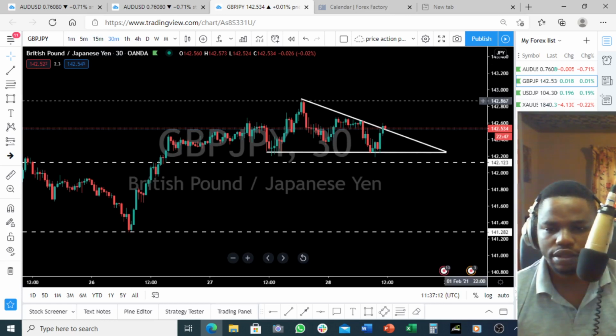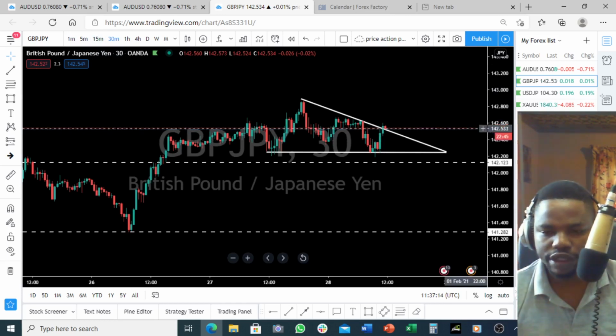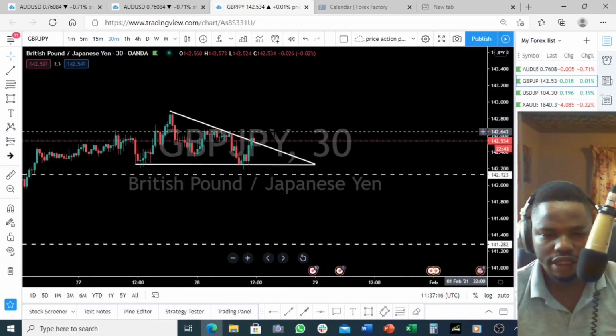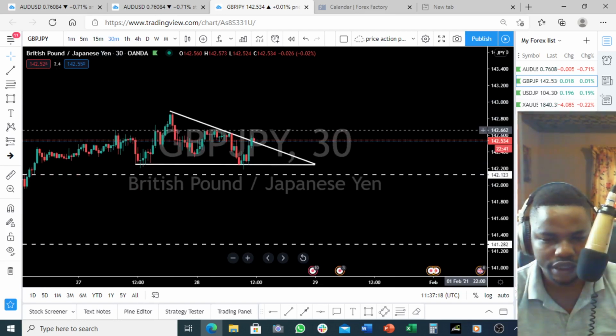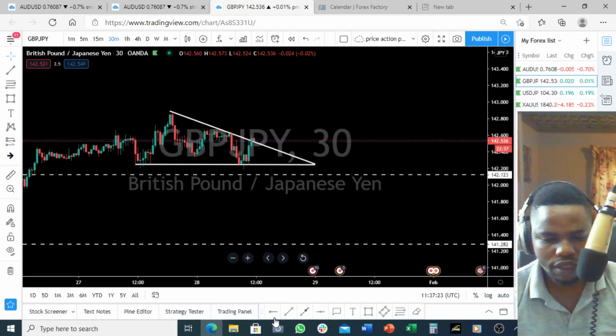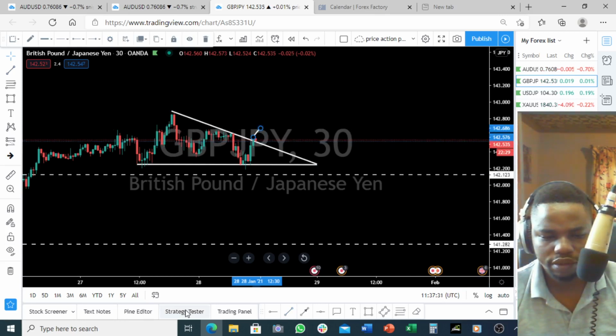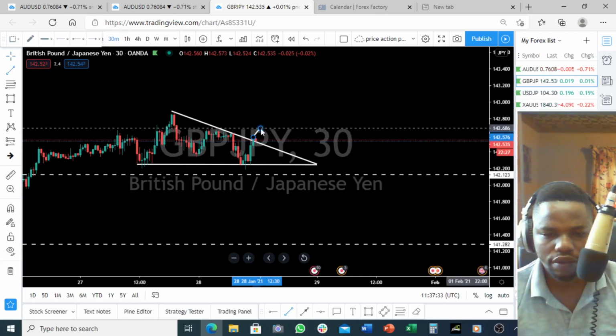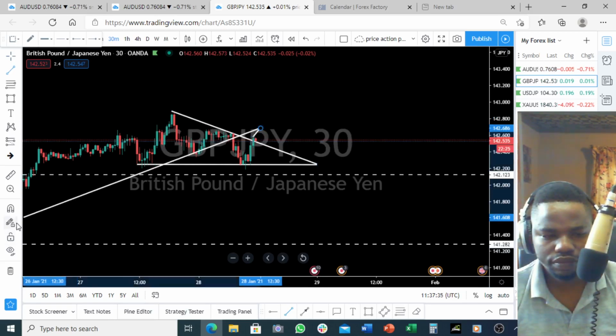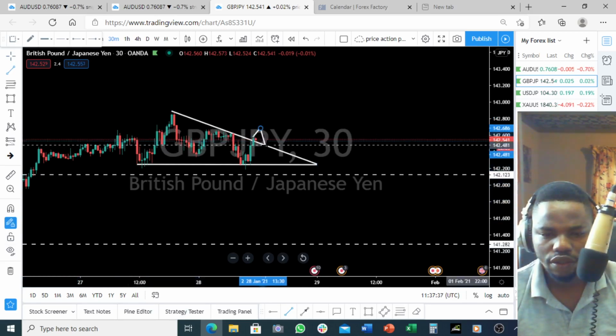So guys, the entries with this trade are a little bit tricky. You'll want it to come up here. From this area, you will want it to come right here or down to touch.